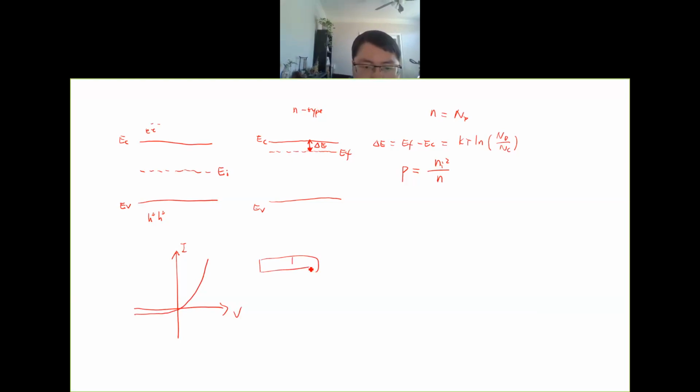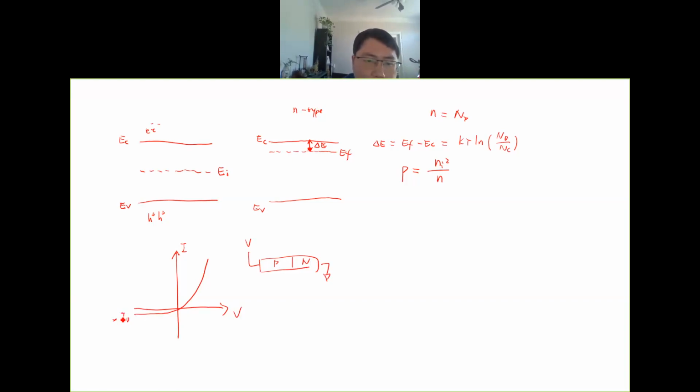When you apply voltage to the P side, if the voltage is positive, then you will have an exponential increase of current. And if you have negative voltage to the P side, then the current will be very small and will saturate to this negative I0.